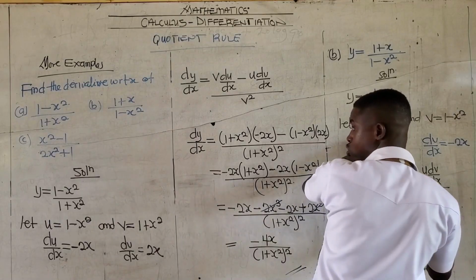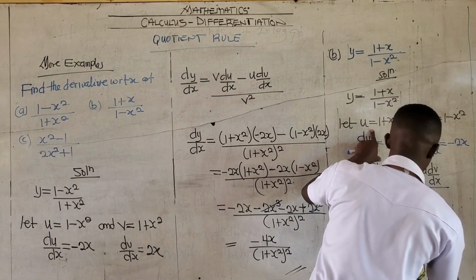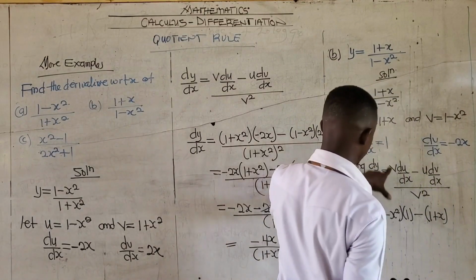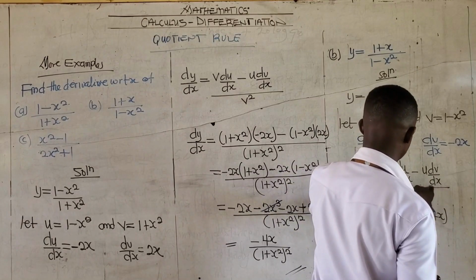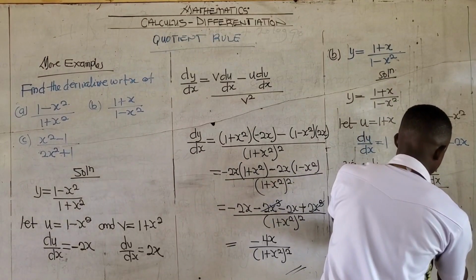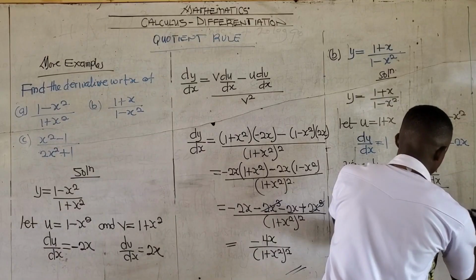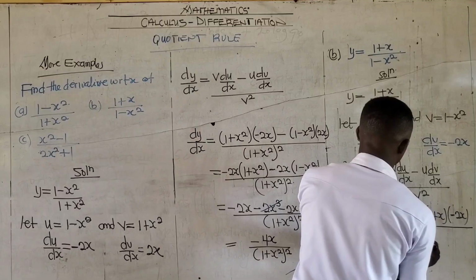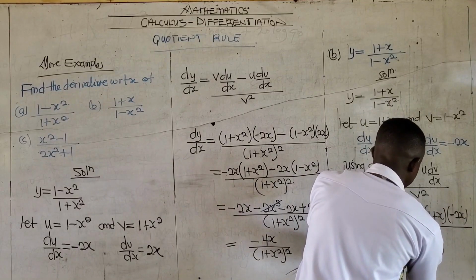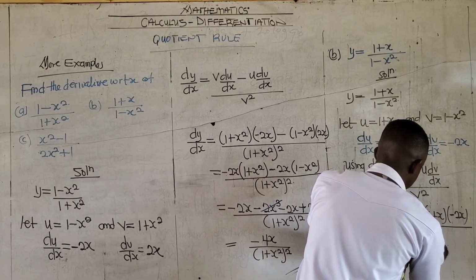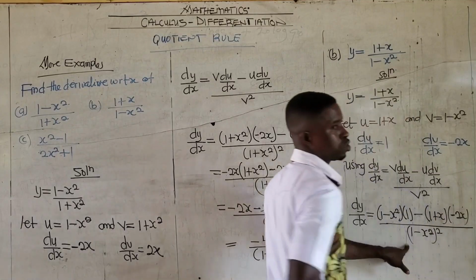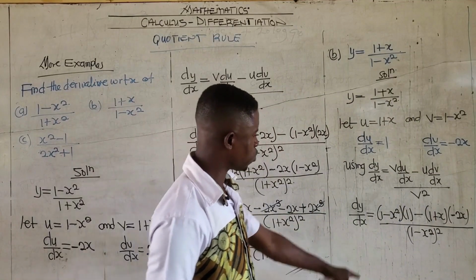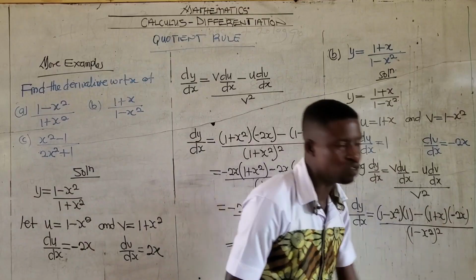What is u? u is 1 plus x, multiplying dv over dx, which is negative 2x. Good. All divided by v squared. What is v? v is (1 minus x) all squared. Good. The next thing I'm going to do is to simplify the numerator.